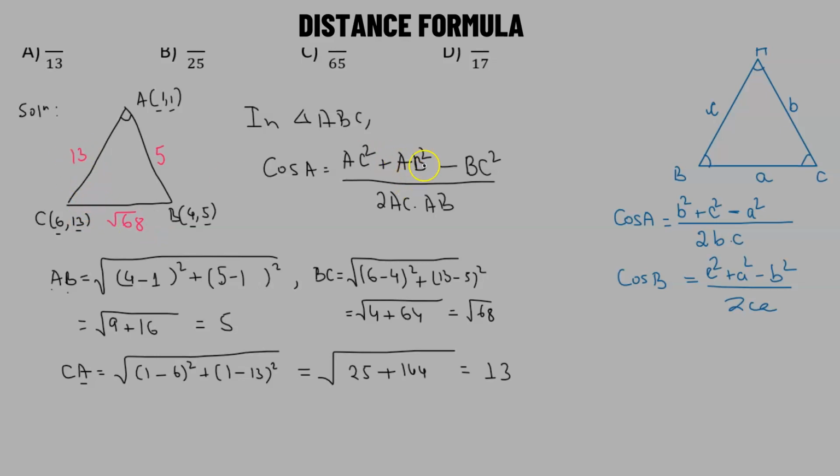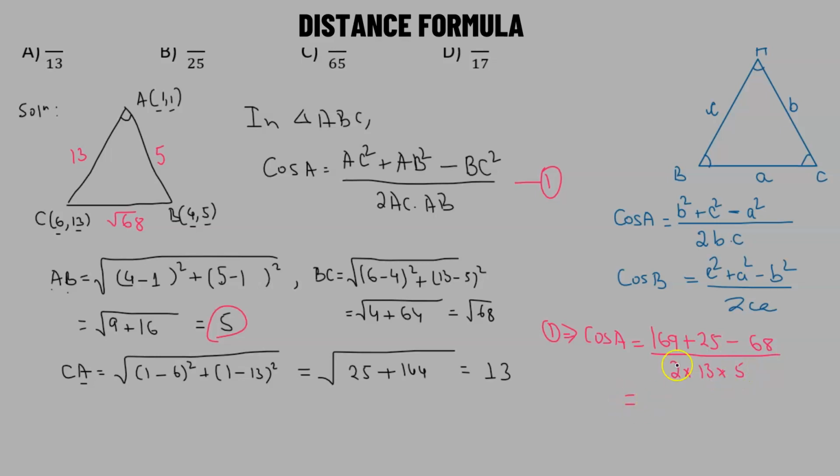So we can substitute all these values back into this particular equation, let's call it equation number 1, and we'll be able to find the value of cosine of angle A. So cosine of angle A will be equal to AC squared, so 13 squared, which is simply 169, plus AB squared, 5 squared, that's 25, minus BC squared, which is the square root of 68 squared, simply giving us 68, all divided by 2 times AC, which is 13, times AB, which is 5. So we have 2 times 13 times 5.